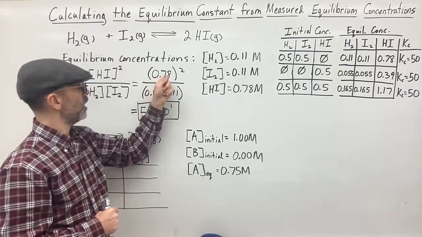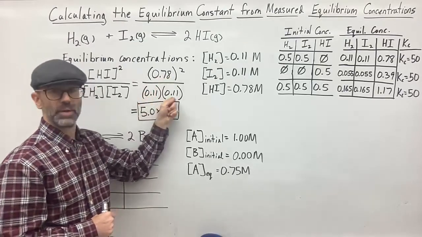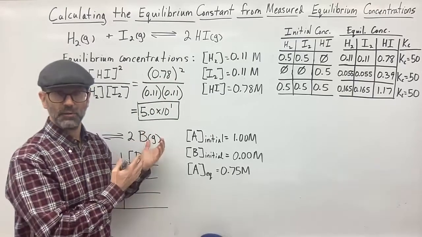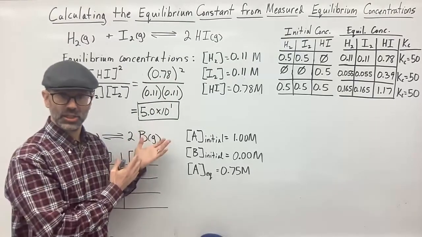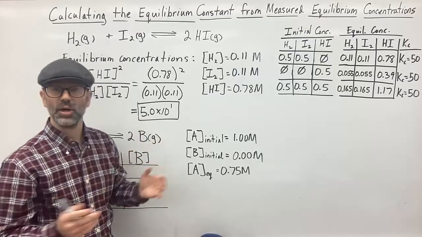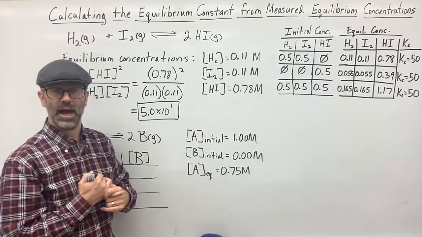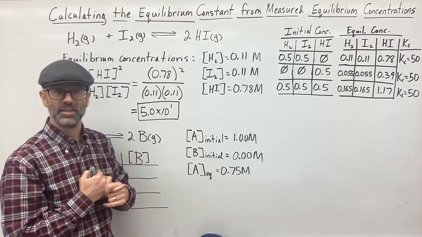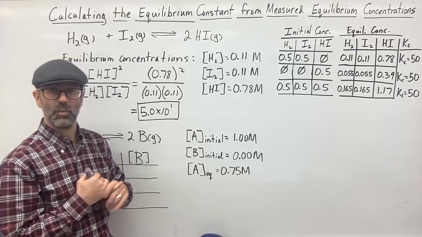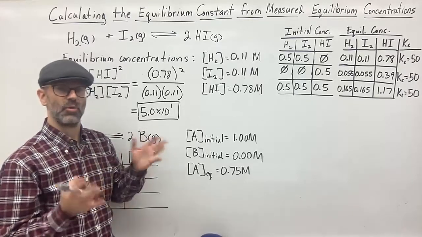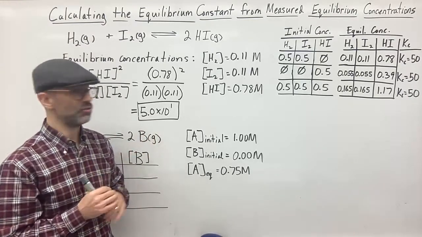These equilibrium concentrations will be different if you start with different initial concentrations. But that's not going to change the constant. The equilibrium constant will always be the same, no matter what the equilibrium concentrations are and no matter what initial concentrations you start with.